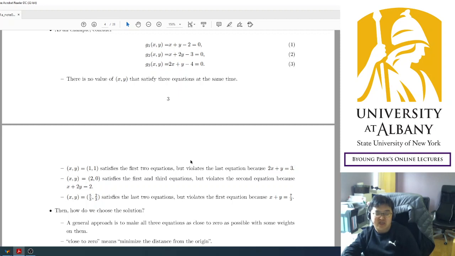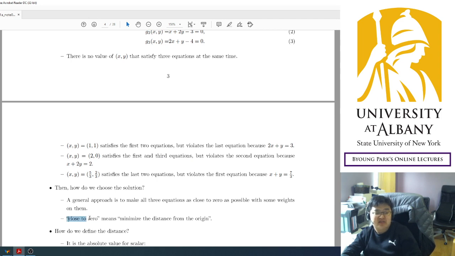But instead of doing that, instead of making two of them equal to 0, what I'm going to do is, if possible, make all three equations as close to 0 as possible, even though they are not exactly 0. This is our approach. We are going to make all three equations as close to 0 as possible with certain weights.